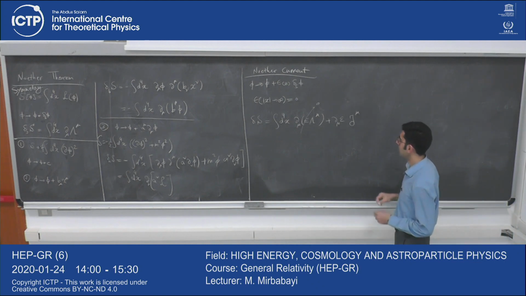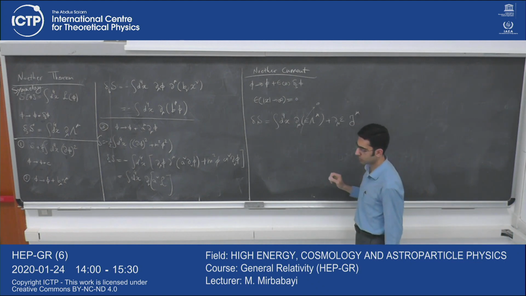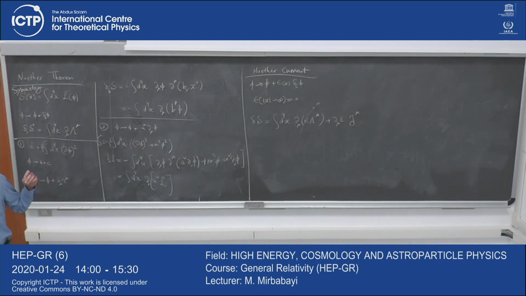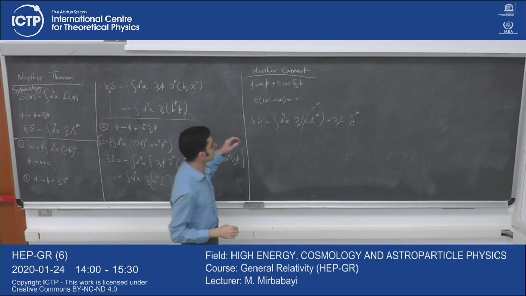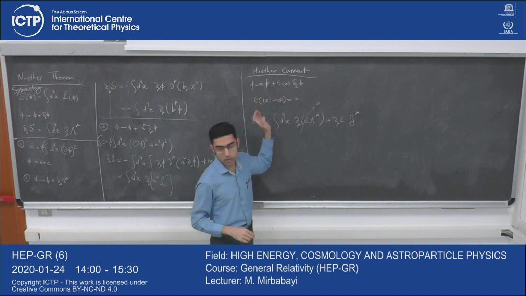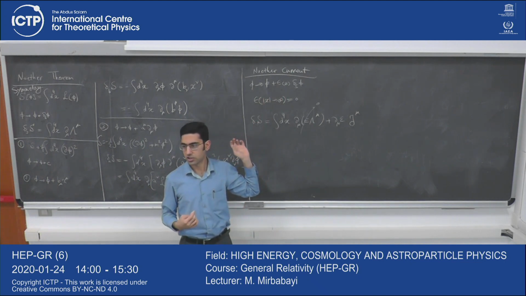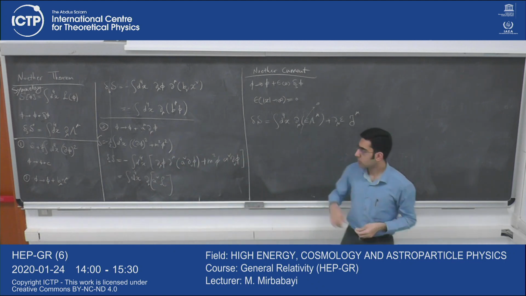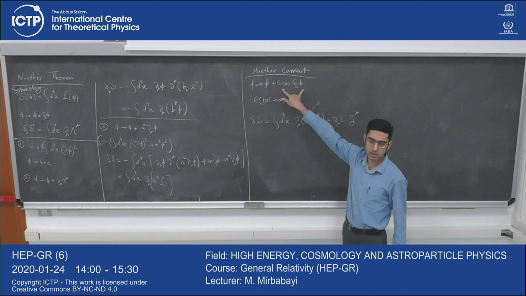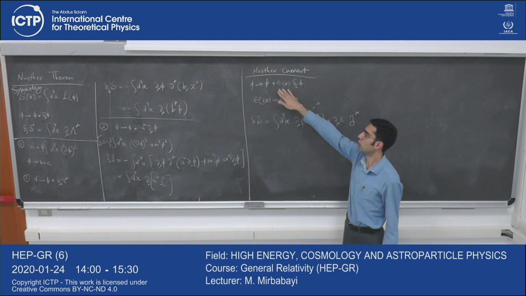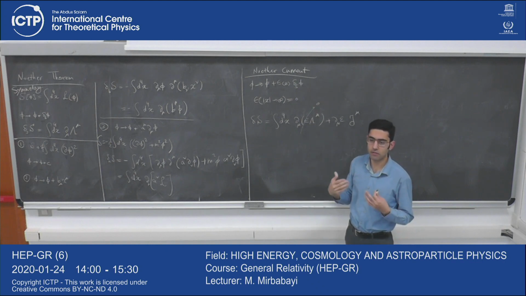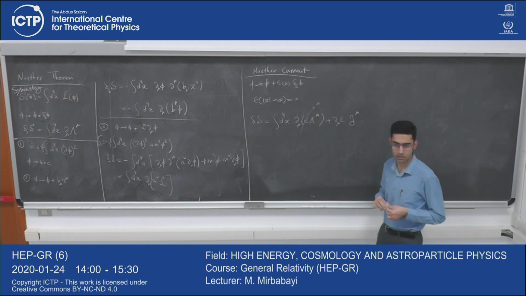Now can we say something about J mu? And the answer is yes. J mu has to be conserved on shell, when the equations of motion are satisfied. Because this transformation, for arbitrary epsilon, is a particular variation of the action.